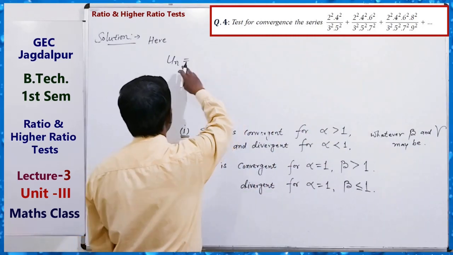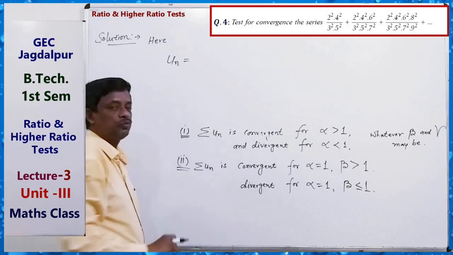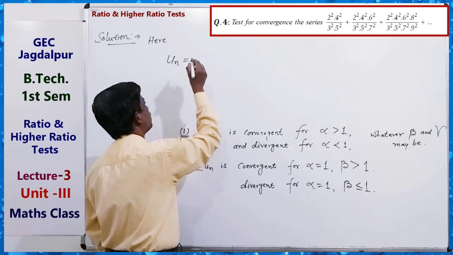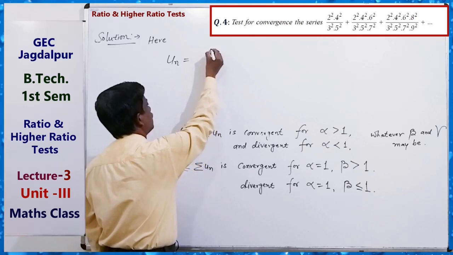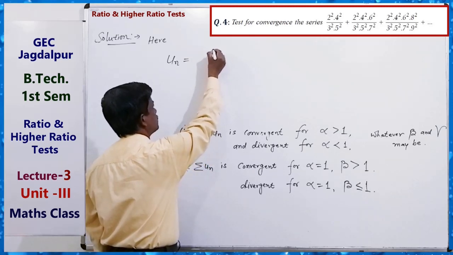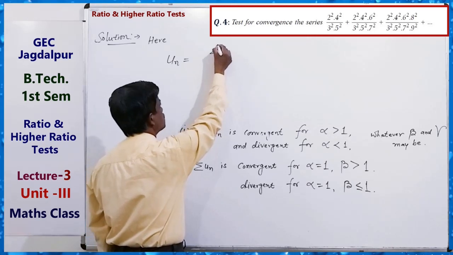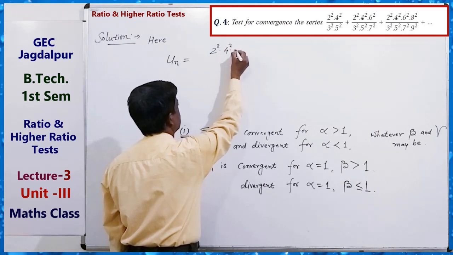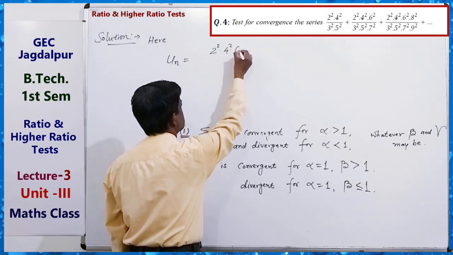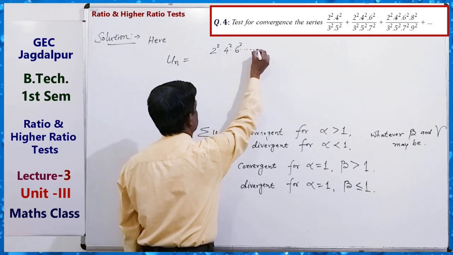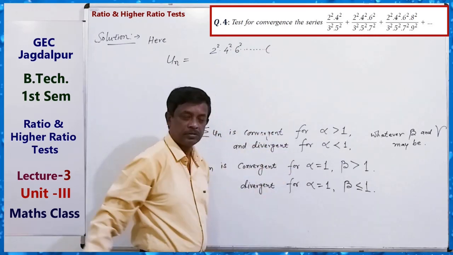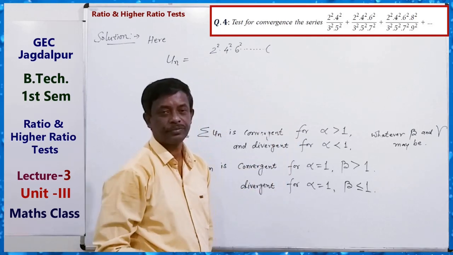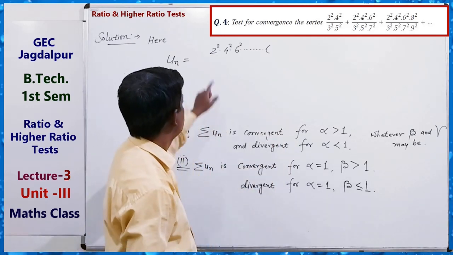So how can un be written? The denominator is 2, 4, 6, so you can write 2 square, 4 square, 6 square, up to the last term. The first values are 2 and 4, so 2 square and 4 square.